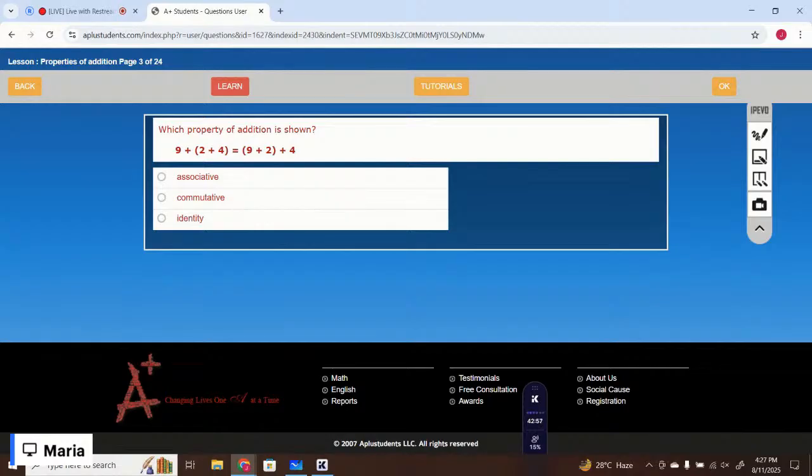Which property of addition is shown? On both sides the numbers are the same, just the order of addition is different. So that is the associative property. Option number 1 is the correct.